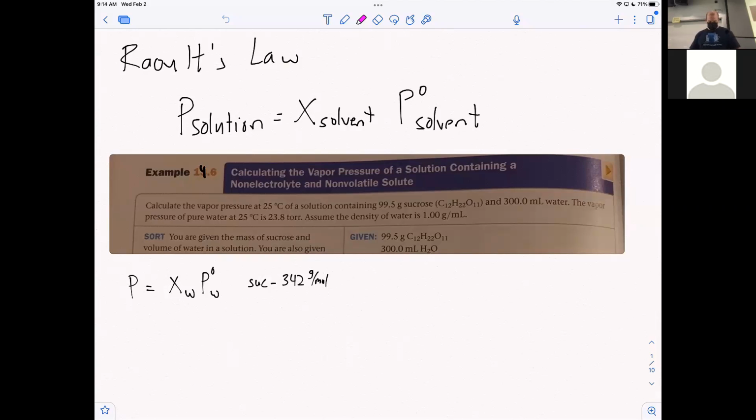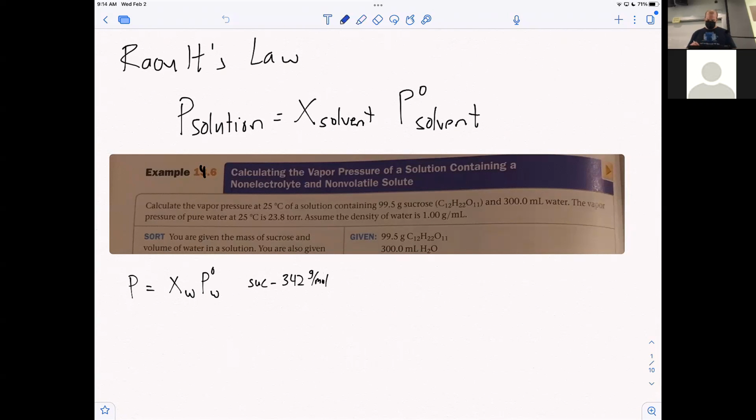For instance, calculate the vapor pressure at 25 degrees Celsius for a solution of 99.5 grams of sucrose in 300 milliliters of water. The vapor pressure of pure water at 25 degrees Celsius is 23.8 torr.